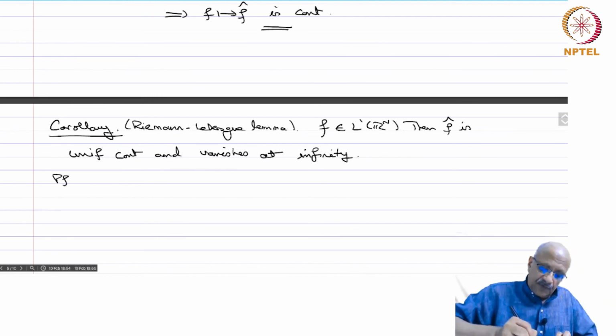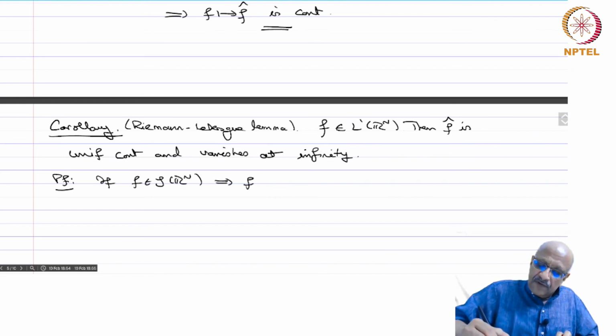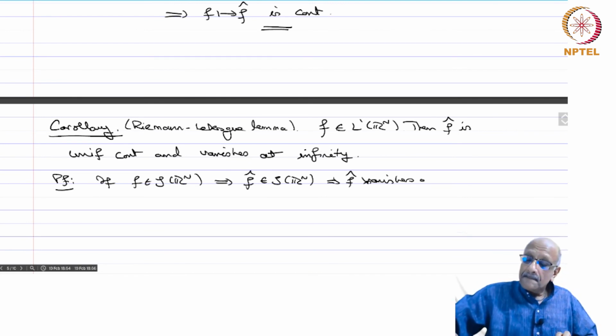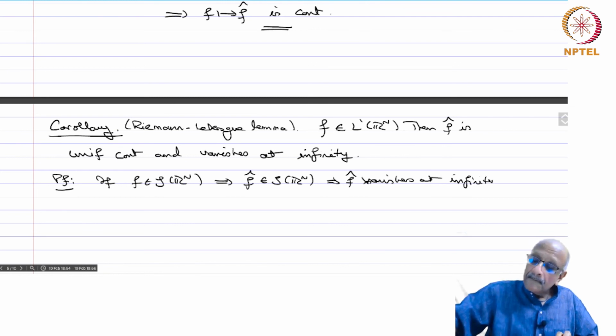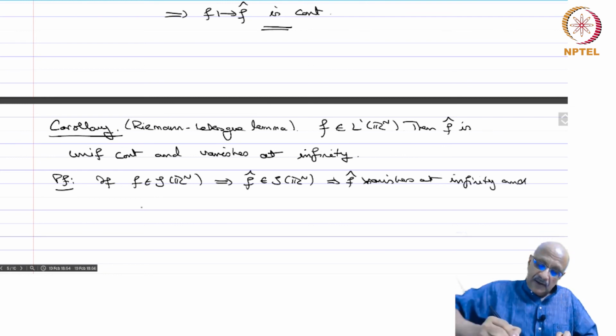So proof. If f belongs to S of R^n, this we have just shown that f hat belongs to S of R^n, which implies f hat vanishes at infinity and is in C of R^n.